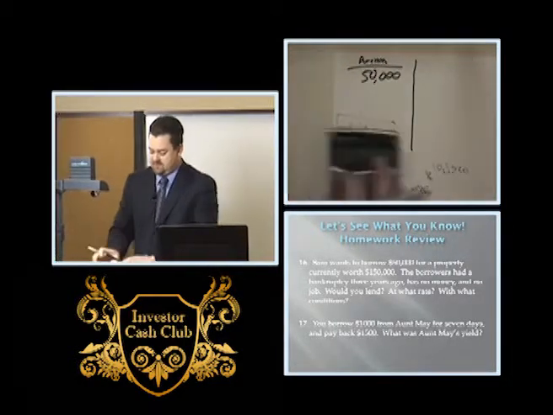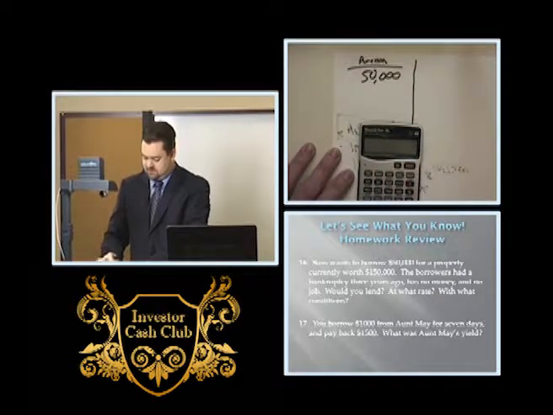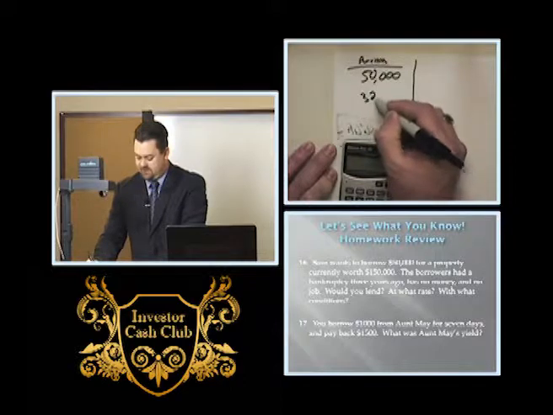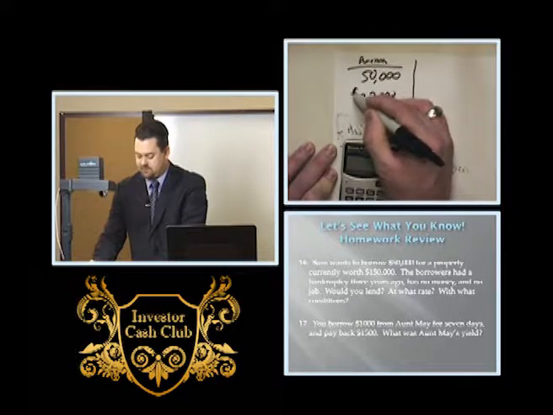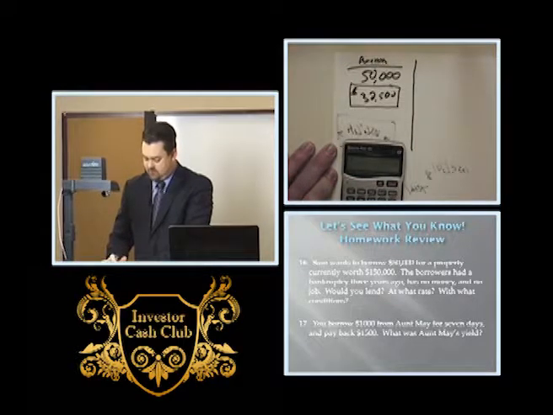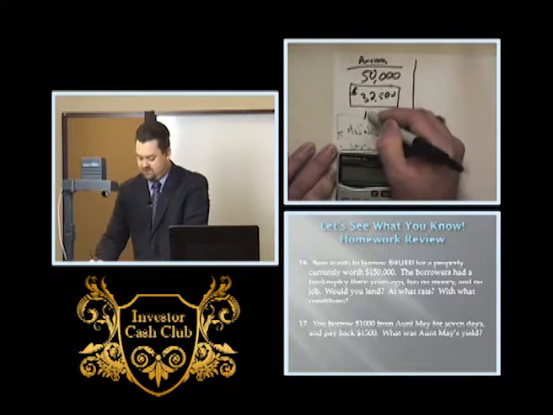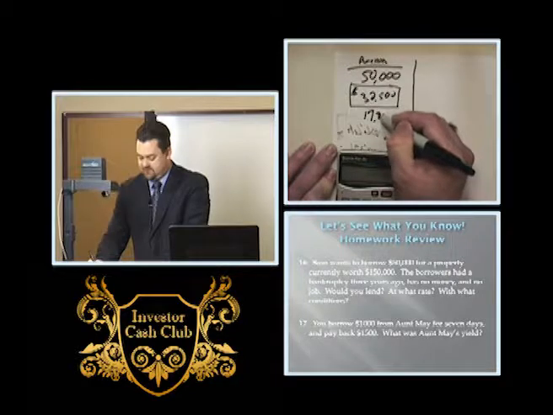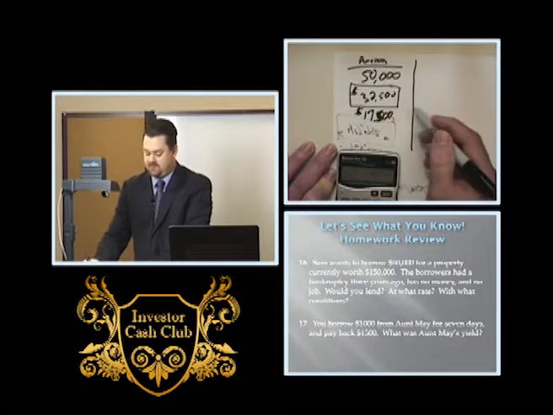If he wants to borrow $50,000 on a purchase, we can only lend 65 cents on the purchase. So he can get $32,500. This is all that we could lend, which means the borrower would have to come up with $17,500 to make up the difference.